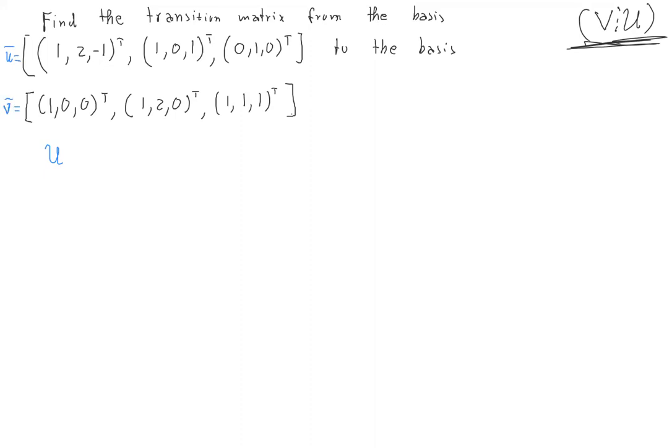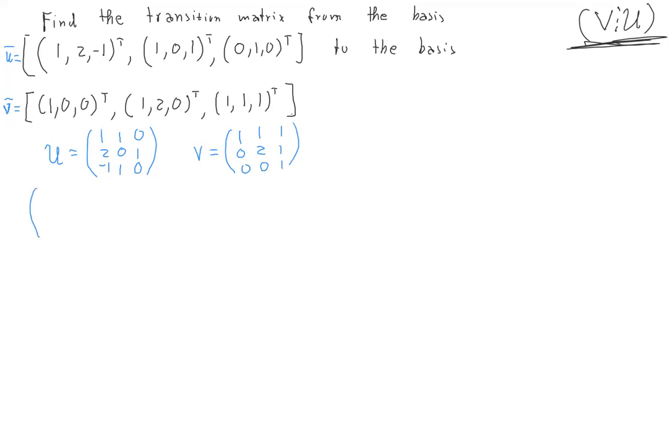A bunch of vectors that are linearly independent and generate the space. So every vector can be expressed uniquely as a linear combination of those vectors. So U is going to be the matrix 1, 2, negative 1, 1, 0, 1, 0, 1, 0, and V is going to be the matrix 1, 0, 0, 1, 2, 0, 1, 1, 1.